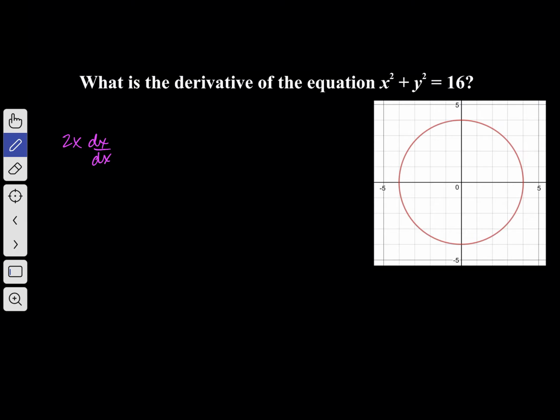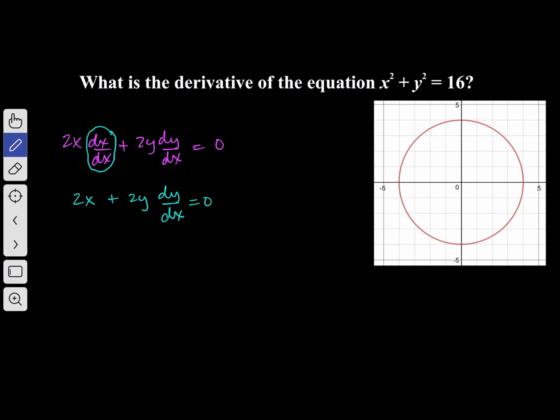The derivative of y squared would be 2y dy/dx. And the derivative of a constant, we know, is 0. What you'll often not see is this dx/dx, because that just equals 1. And so really, you'll see 2x plus 2y dy/dx.